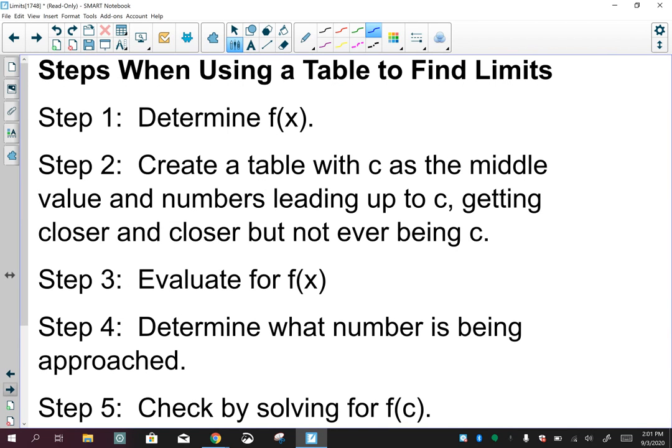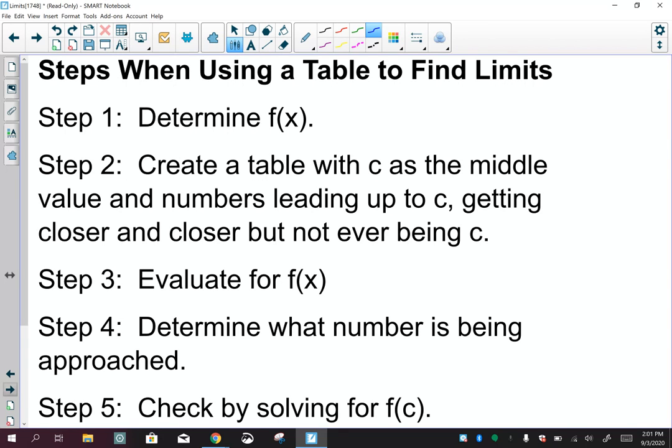So we have 5 steps. When we're looking at a table to find limits, we're going to follow these 5 steps. So I'm going to give you a limit, and what I want you to do is either look at the table or put this into a table, and tell me what this limit is.